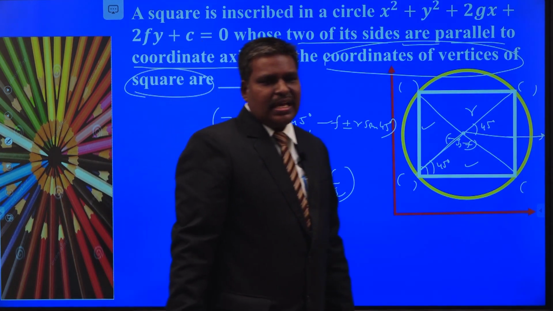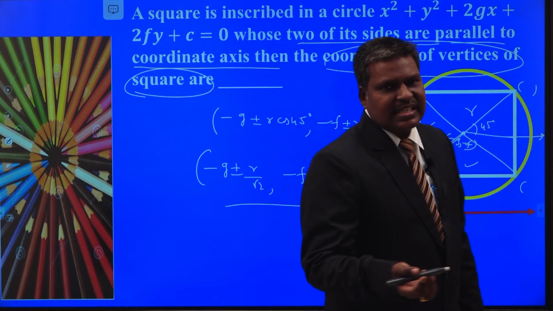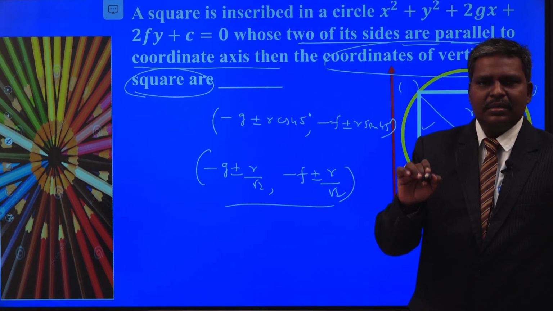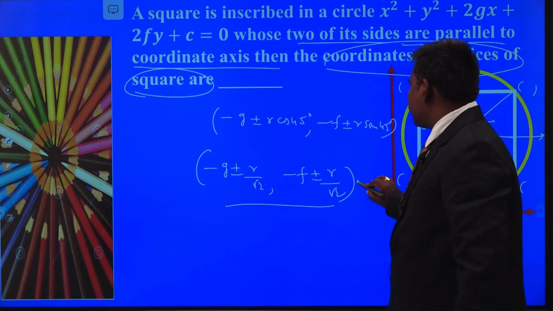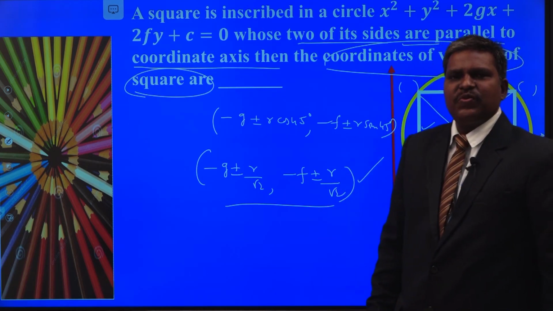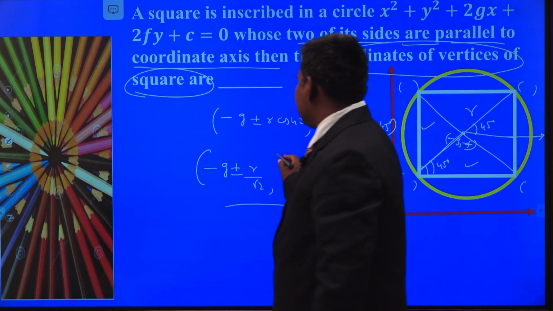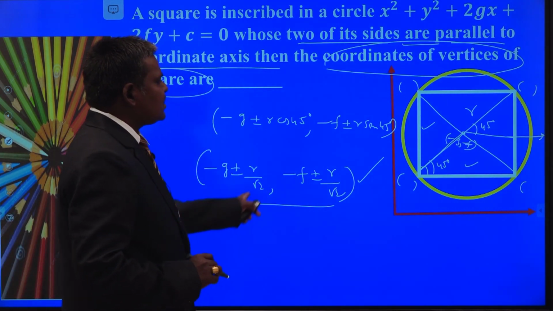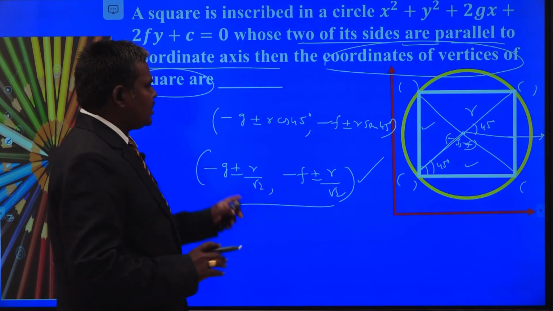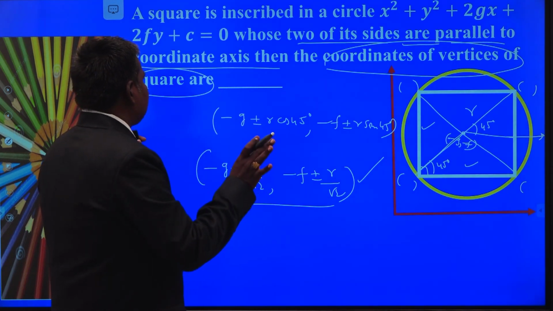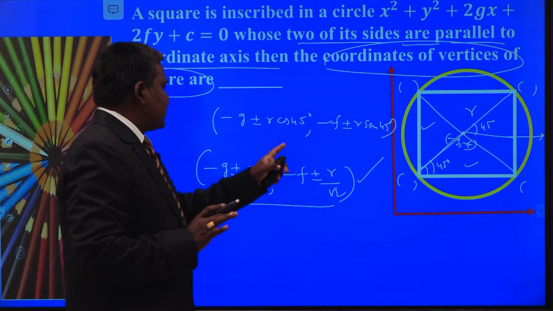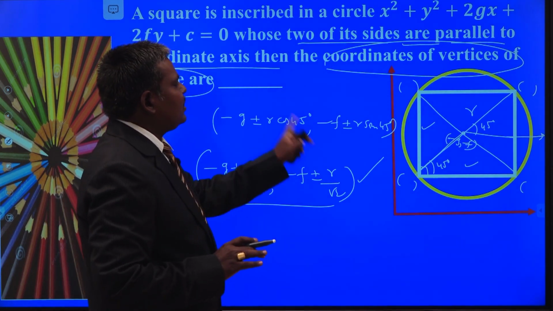If one square is there whose two sides are parallel to the coordinate axes, then the coordinates of its vertices are immediately obtained by this formula: minus g plus or minus r by root 2, comma, minus f plus or minus r by root 2. Understand? Once they give the circle equation, immediately we can write the coordinates of the vertices of the square which is inscribed in that circle.